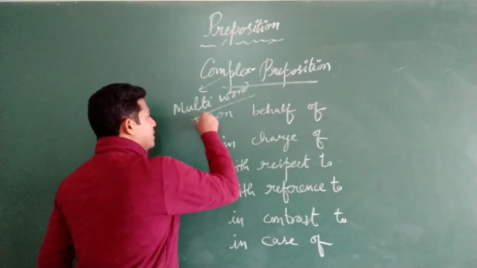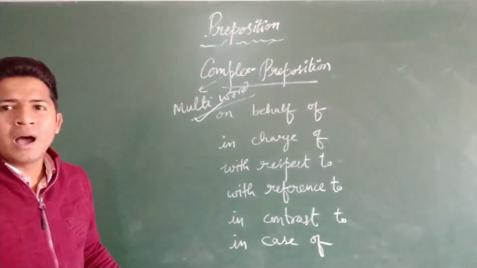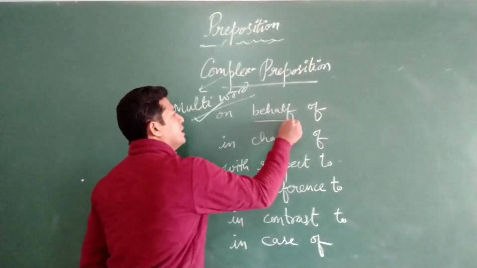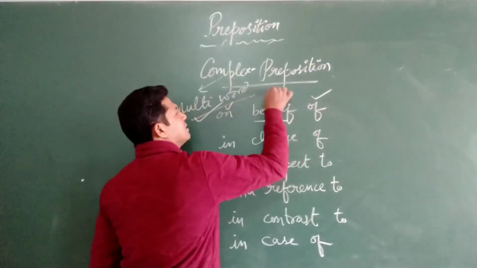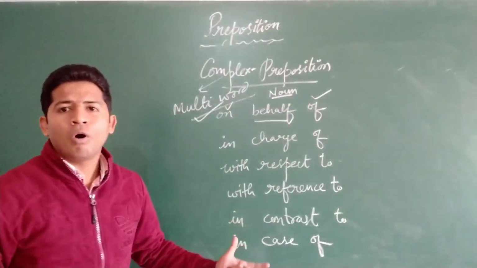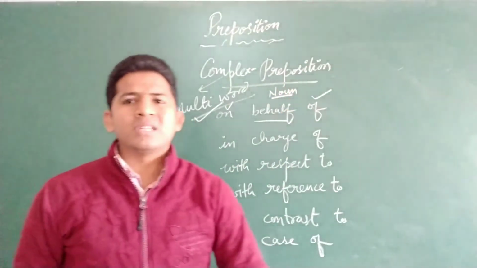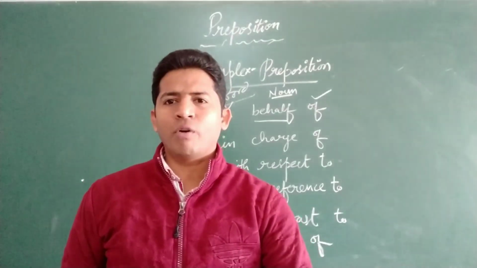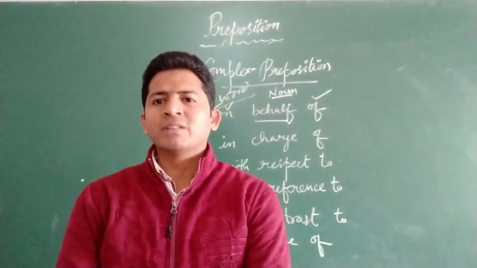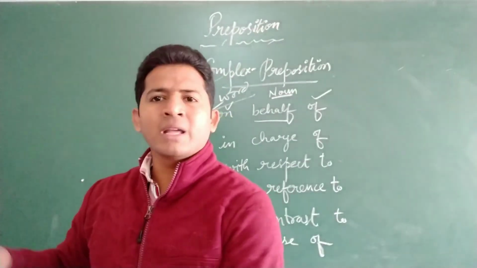Some examples of such prepositions are on behalf of. In such prepositions, you will find two prepositions and in the center you will find a noun. Like on behalf of. I am teaching on behalf of my grammar teacher. I'm giving this presentation on behalf of my class.